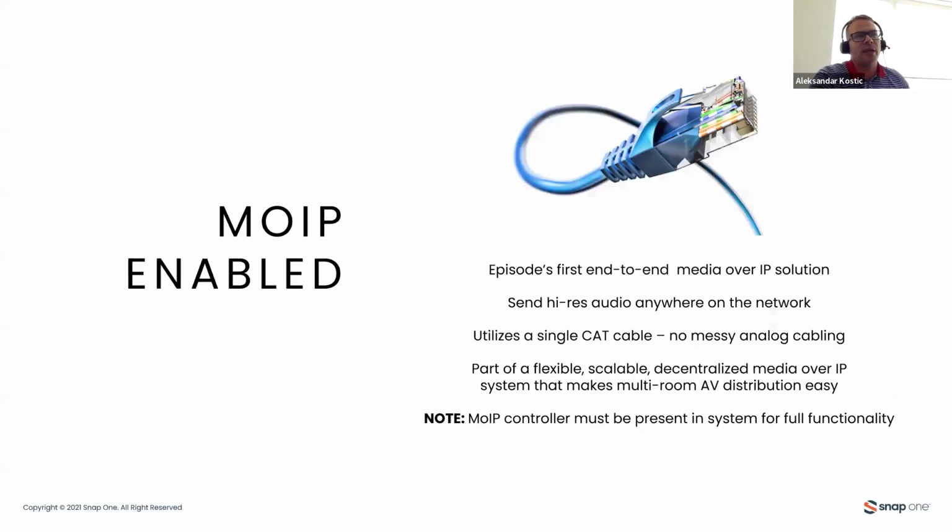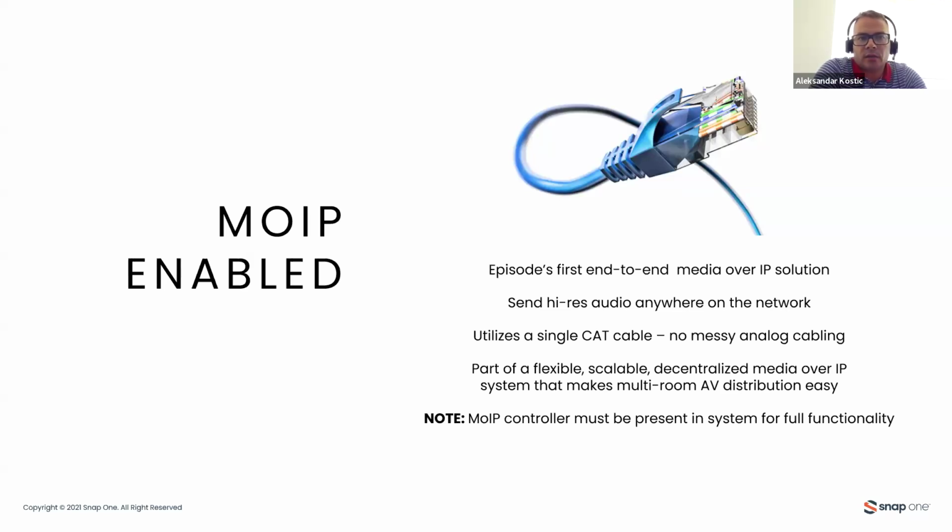Okay, so what is the main benefit of MOIP amplifier? First of all, it completely removes any need to pull audio cabling through the system, because whole audio streaming, especially when paired with core controller, is done through the network, and you just need to connect it to the local area network, and that is your audio input at the same time.